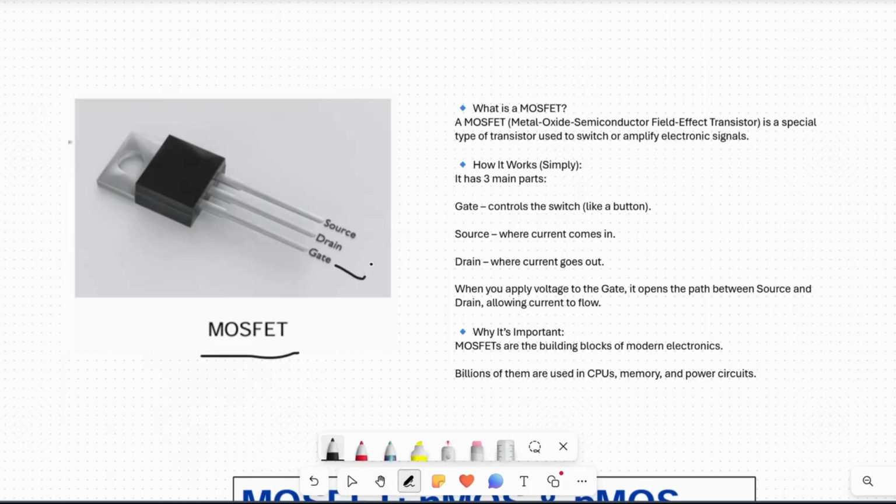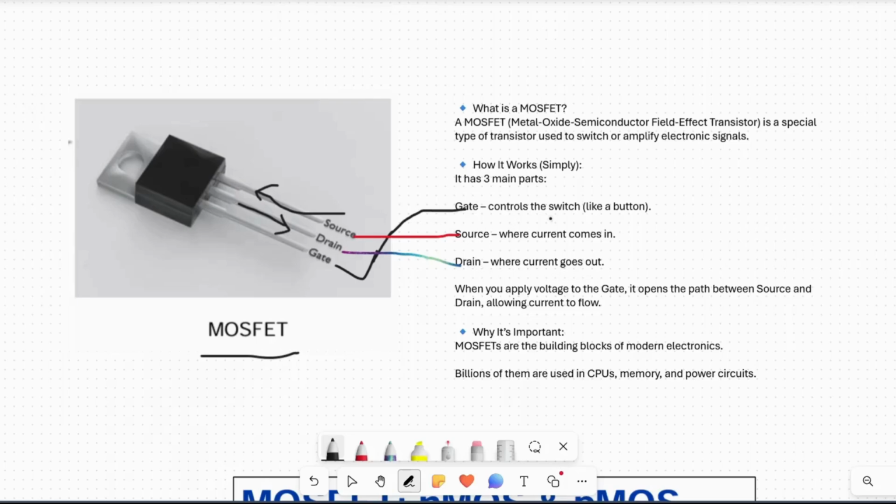Gate, this is the gate, and source, this is the source, then drain. The current enters from the source and goes out from the drain. It's basically like this. And the drain is where current goes out.